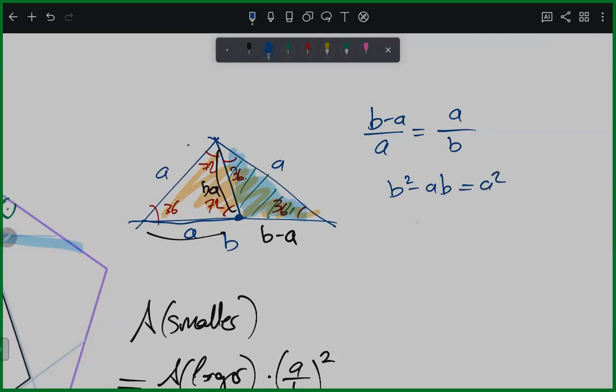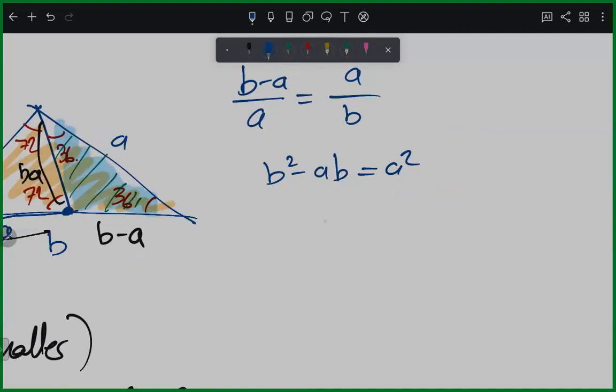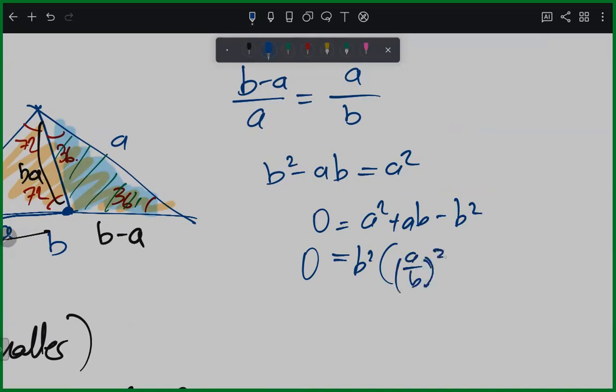Then we cross multiply, and we get 0 equals A squared plus AB minus B squared. Pulling out B squared, 0 equals B squared times, A over B quantity squared plus A over B minus 1.